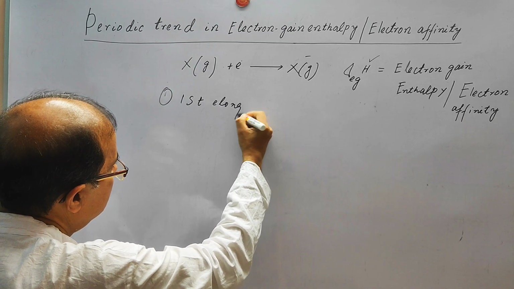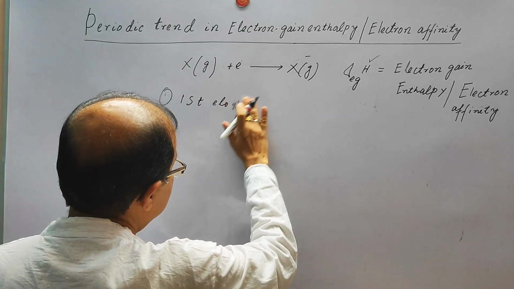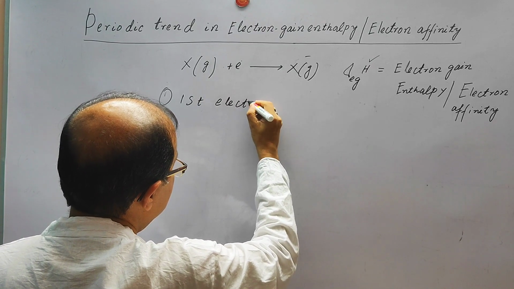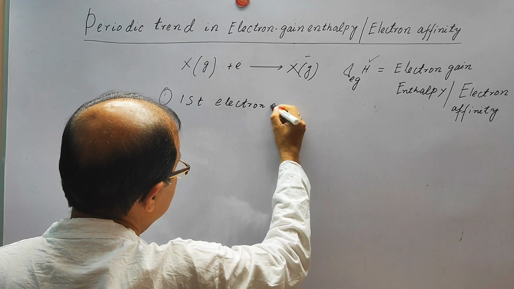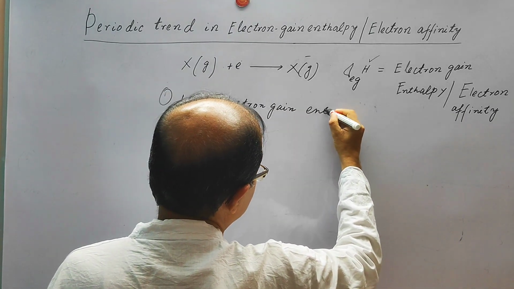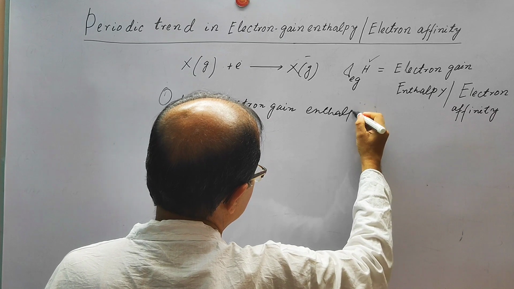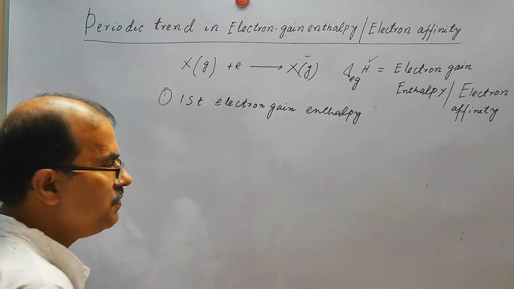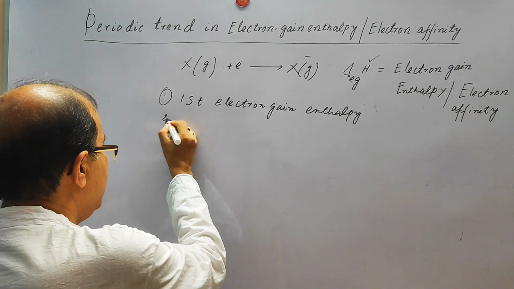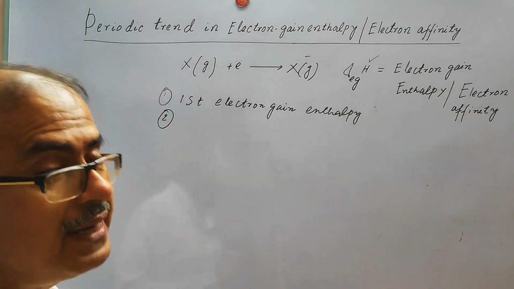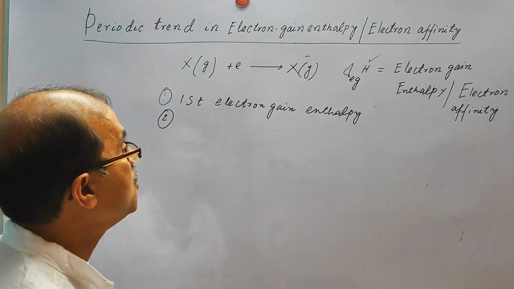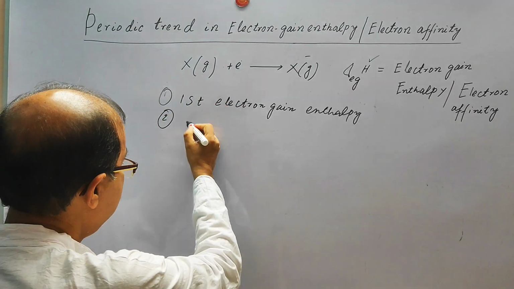In the same fashion there will be different types of electron gain enthalpy, that is the first electron gain enthalpy. When one electron is put in, the enthalpy change accompanying the reaction we will call the first electron gain enthalpy.